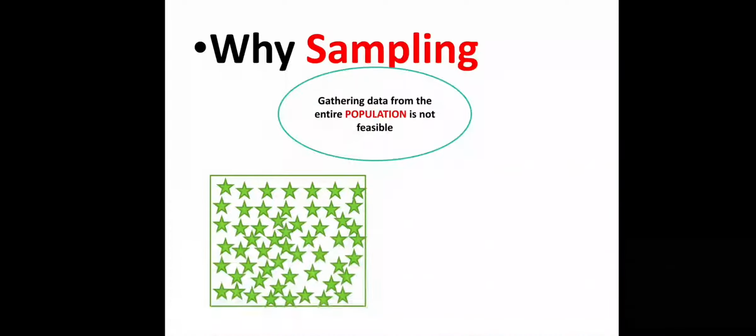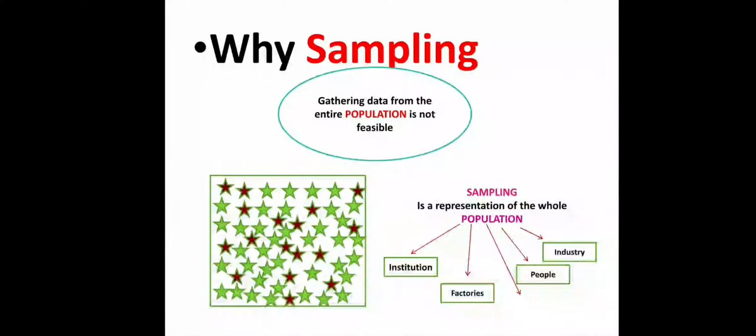So since we have stated that this is the entire population, we are selecting, you see, we are selecting the samples. Okay, so the red marks indicate the samples that have been drawn.